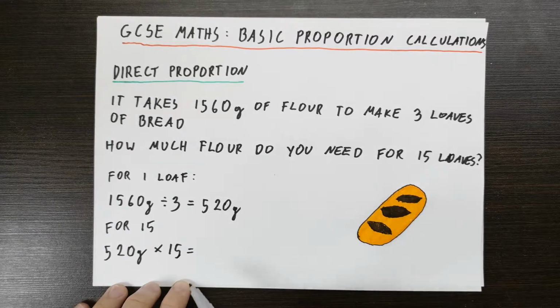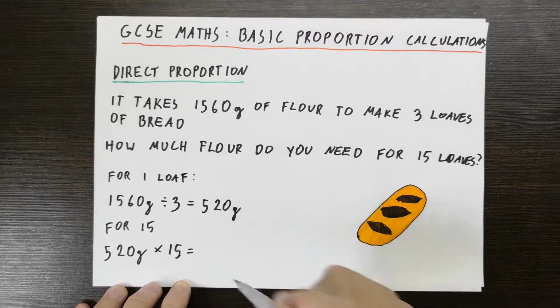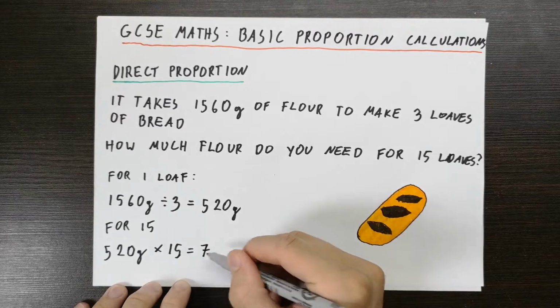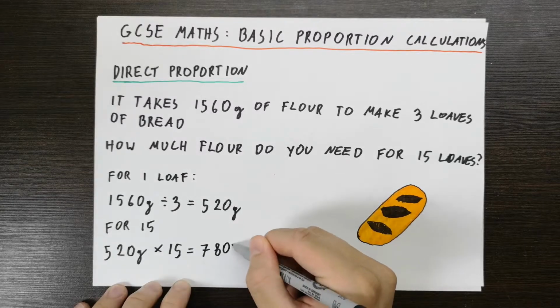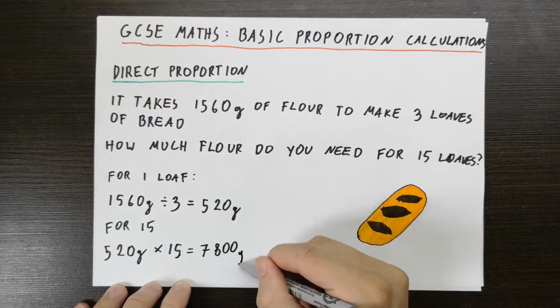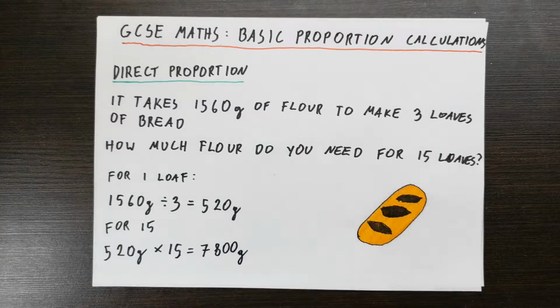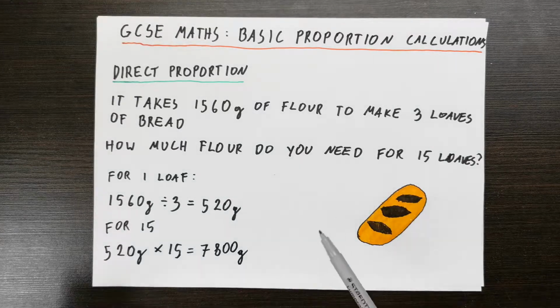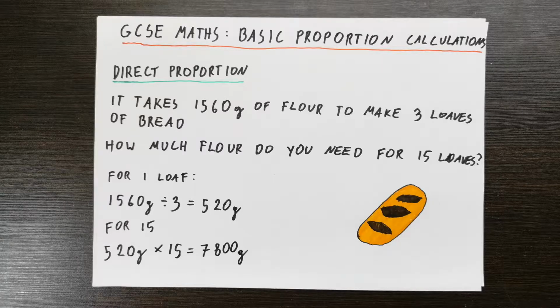And now, if you put that in a calculator, that will give us 7,800 grams. Done. And that's how much flour you need to make 15 loaves. Now, this is the correct, textbook way of doing that. This way you will solve any direct proportionality question they throw at you. You will solve it using this exact method.